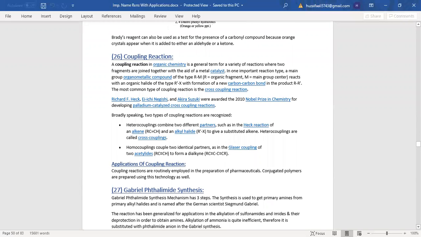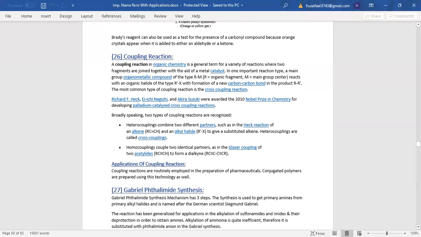Coupling reaction. A coupling reaction in organic chemistry is a general term for a variety of reactions where two fragments are joined together with the aid of a metal catalyst. In one important reaction type, a main group organometallic compound of the type R-M, where R is the organic fragment and M is the main group center, reacts with an organic halide of the type R'-X with formation of a new carbon-carbon bond in the product R-R'.